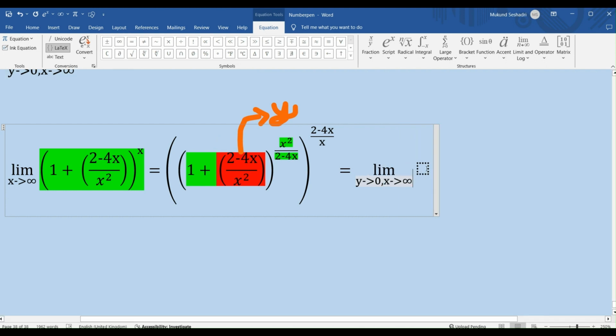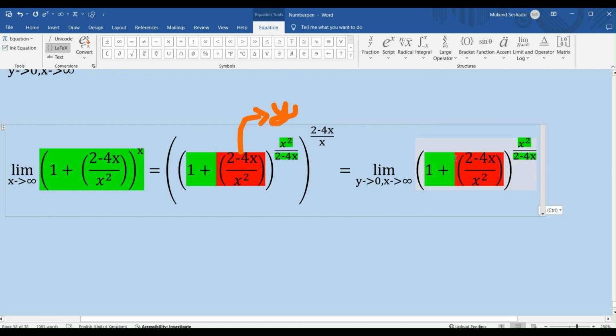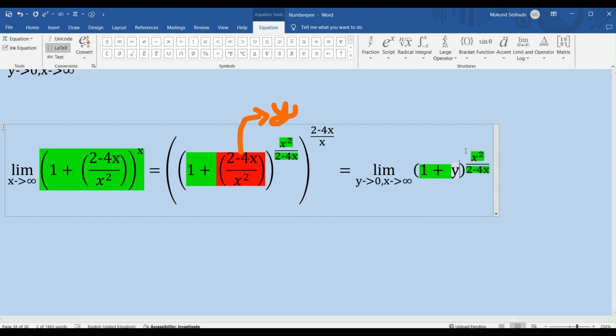I still retain it. And like we did in the previous problem, the replacement of 2 minus 4x by x square is purely for simplifying the expression. And when I do this replacement, I get a y here. And x square divided by 2 minus 4x is nothing but my 1 by y, right?